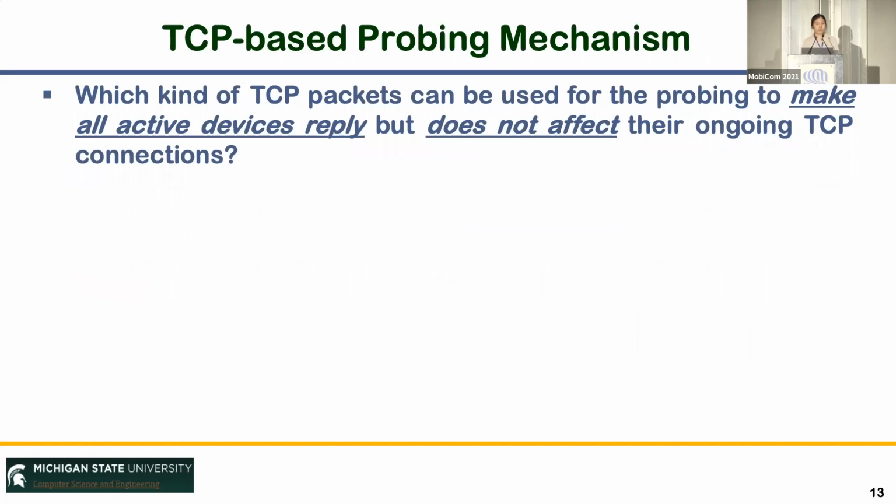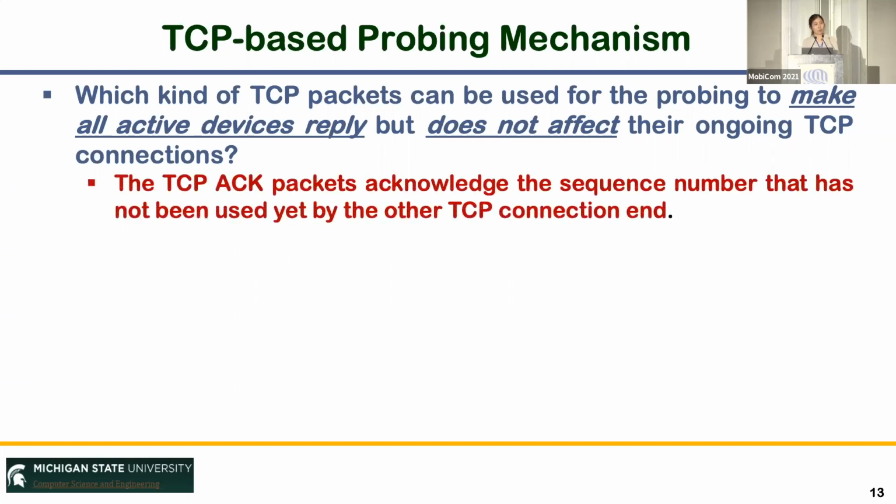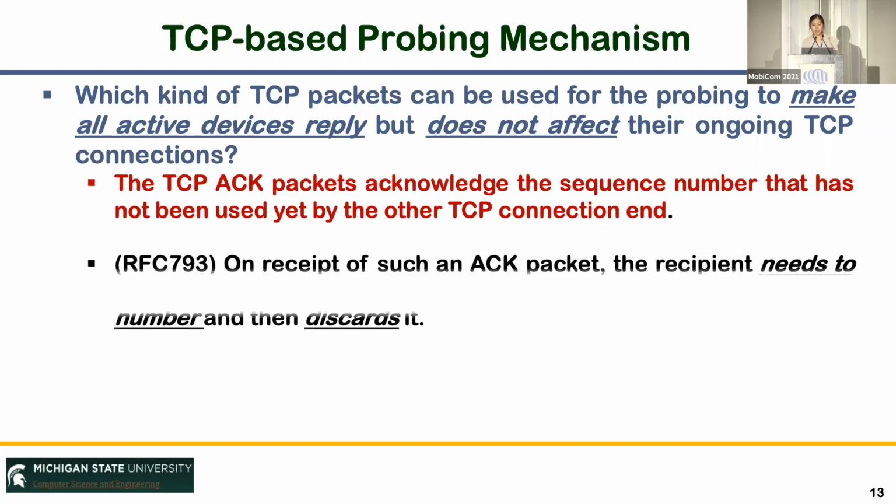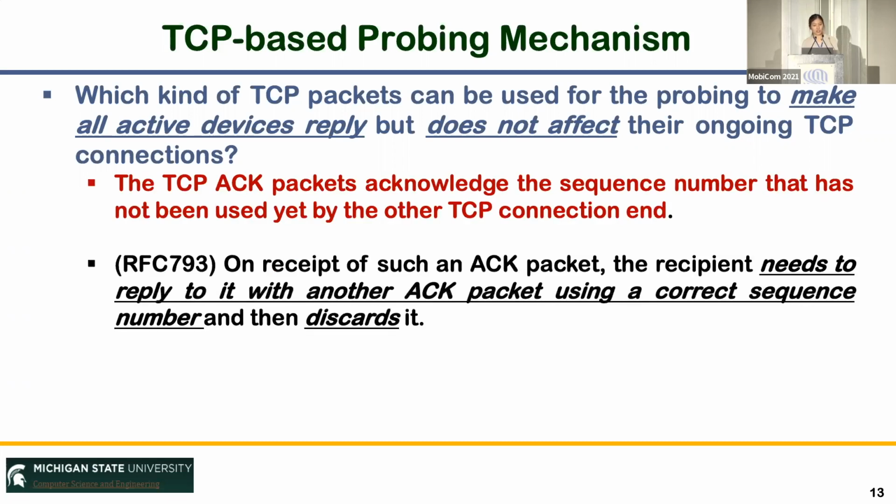So here, what kind of TCP packets can be used for probing to make all the active devices reply, but does not affect their ongoing TCP connections? We discovered that one kind of TCP ACK packet is suitable. This TCP ACK packet acknowledges a sequence number that has not been used by the other TCP connection end.